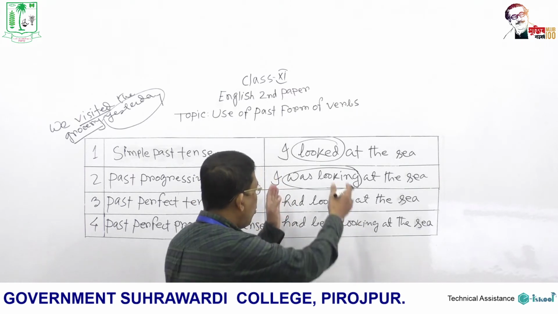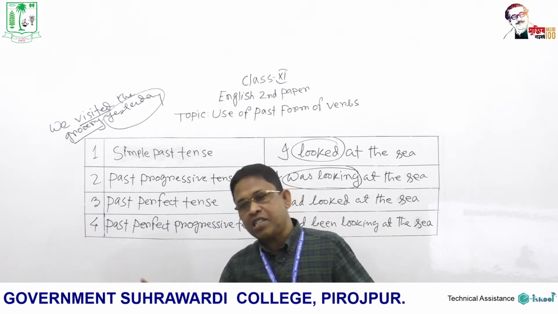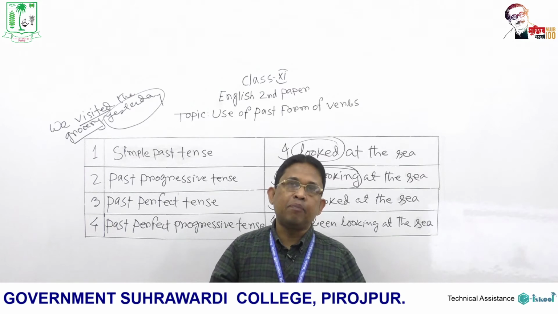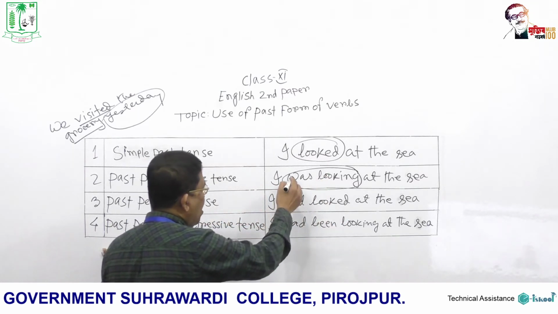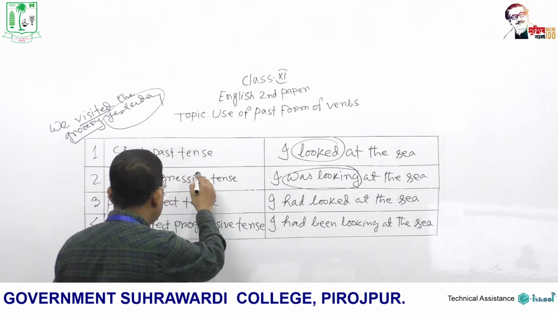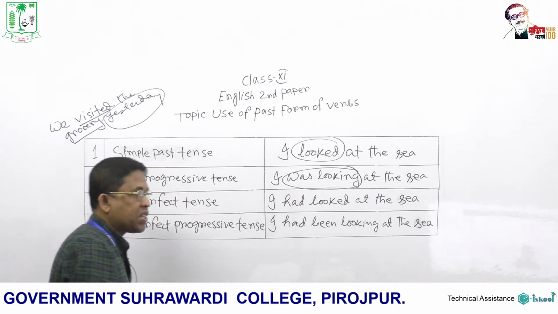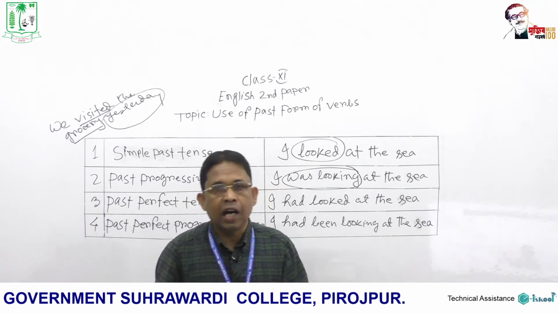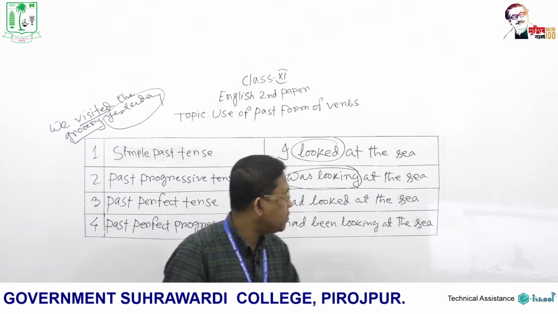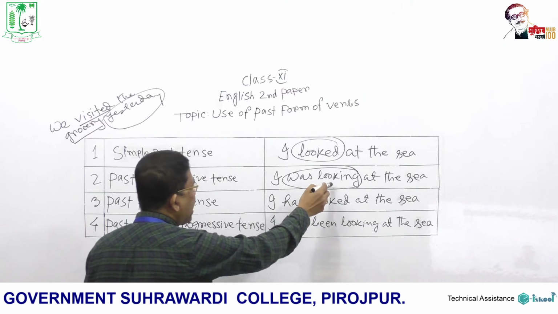If some action went on for a long time in the past, then it becomes past perfect progressive tense. So, the difference between past progressive tense and past perfect progressive tense is in time duration. Okay, I am coming back there. I was looking at the sea.